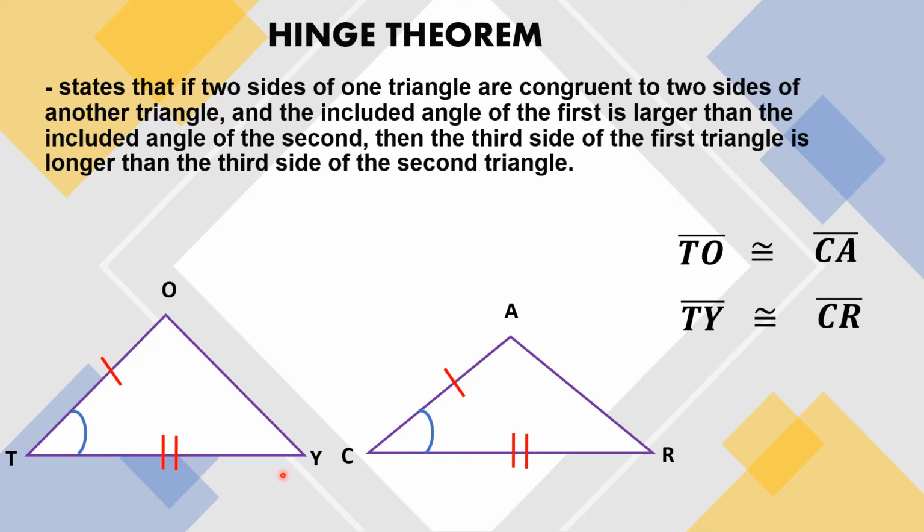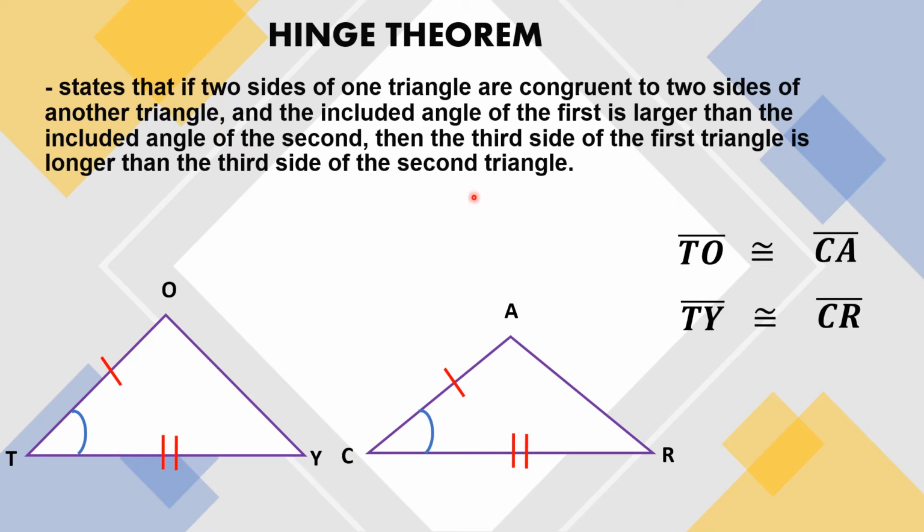The included angle is angle T, or angle OTY. Then in the second triangle, the first side is side CA and the second is side CR, so the angle between them is angle C, or angle ACR.